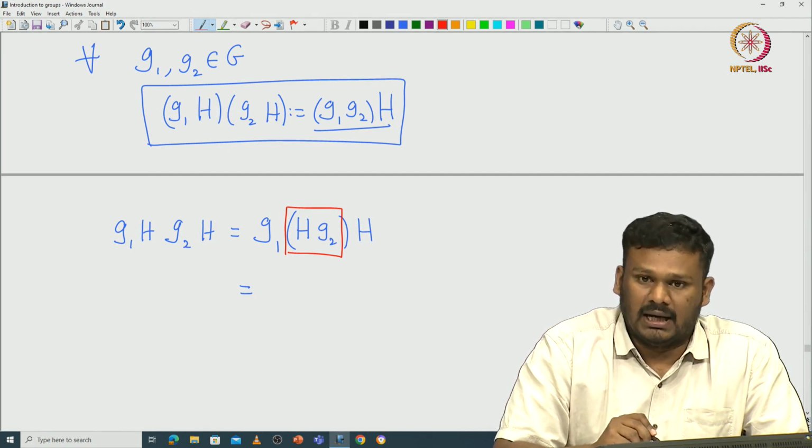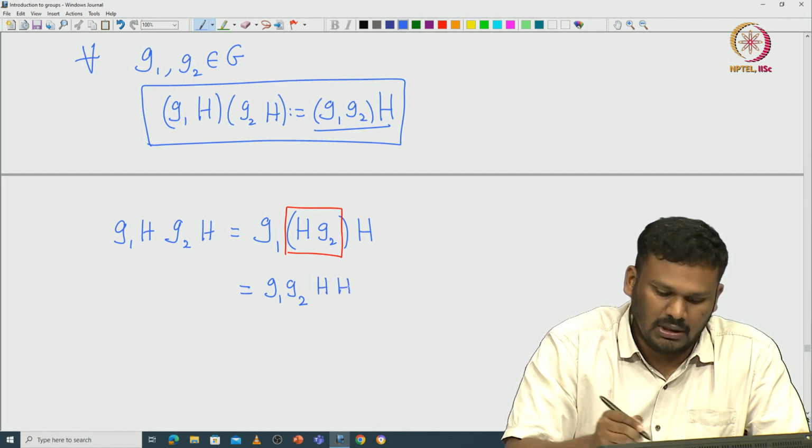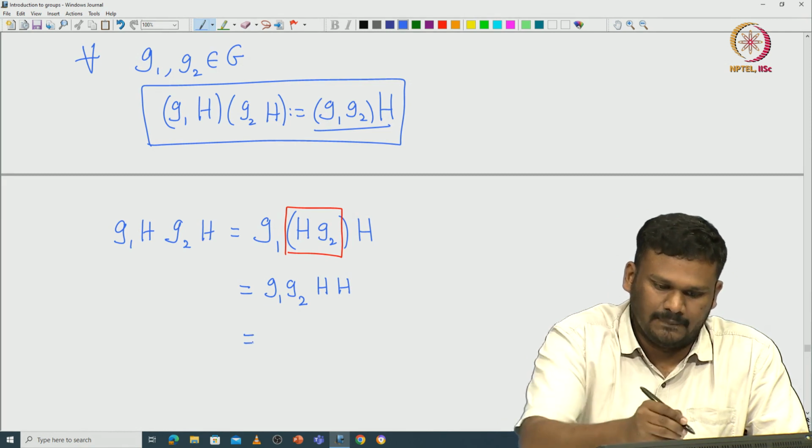If we have that property, then we are allowed to switch this. So, this becomes g1 g2 H times H, but it is easy to see H times H will be equal to H.